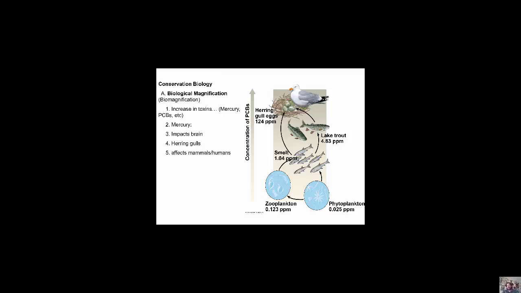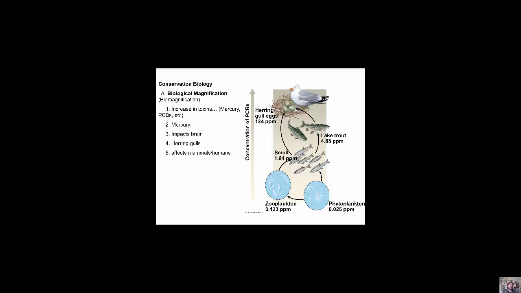So those zooplankton, which have 5 times as much PCBs in their bodies as the phytoplankton, then the smelt eat them and get nearly 10 times as much. Trout getting 4 times as much as the smelt, and then herring gull eggs finding ludicrously large levels of PCBs because of the amount of trout and smelt that they eat in order to stay alive.